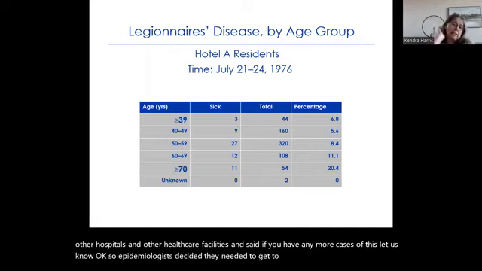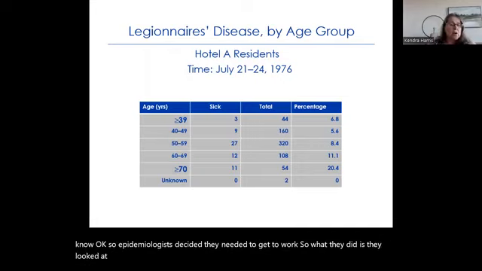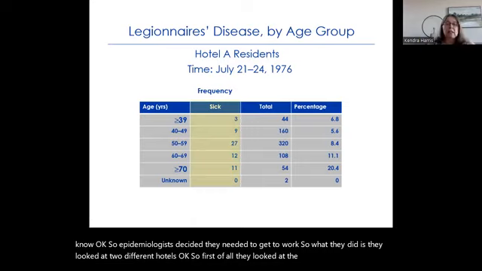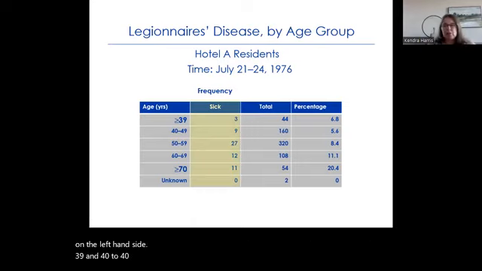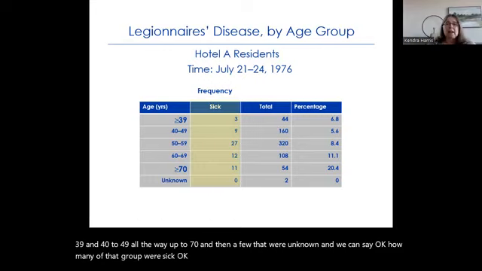So what they did is they looked at 2 different hotels. First of all, they looked at the age, which we can see on the left-hand side, 39 and under, 40 to 49, all the way up to 70, and then a few that were unknown. And we can say, okay, how many of that group were sick? Looking at this, it looks like there were 27, which was the most that got sick.